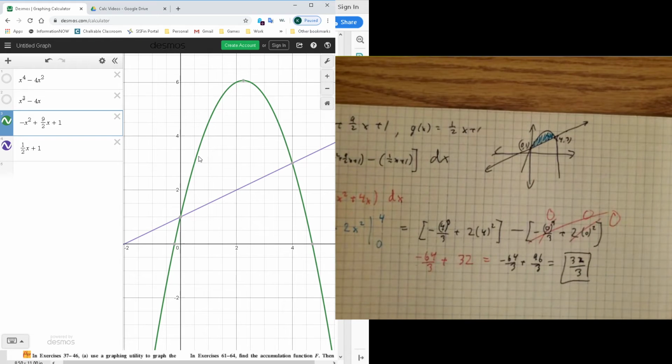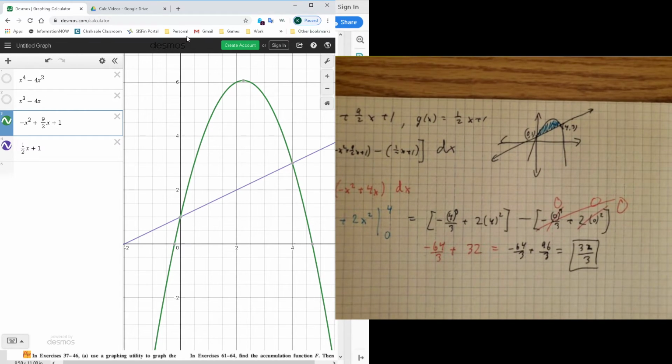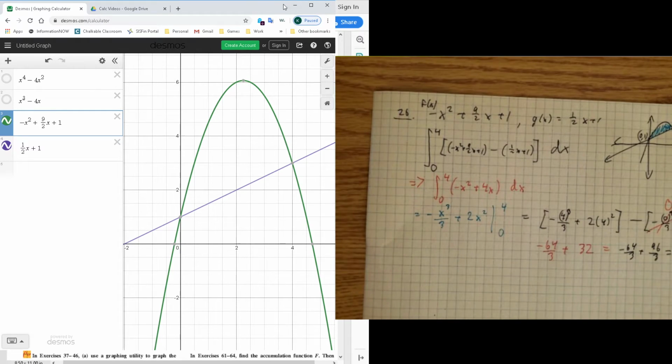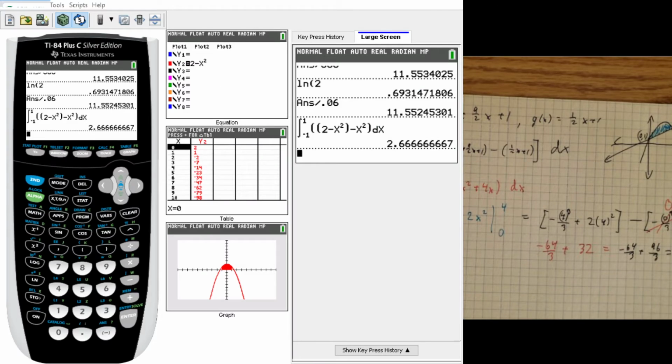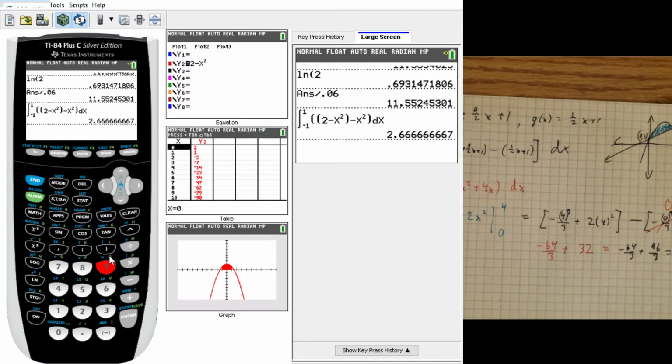So there we go. And I can make sure my answer is actually correct by simply plugging that formula into my calculator, which I'm going to do now. Let's pull up my TI-84. So I do math, finite integral.